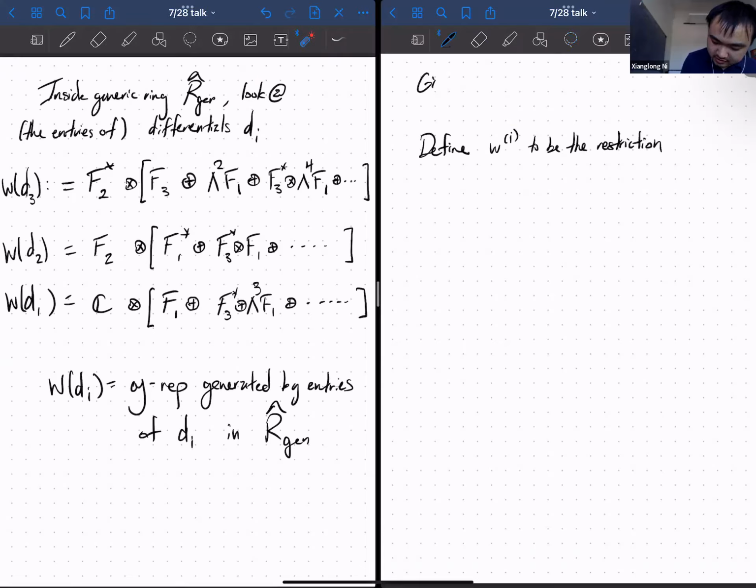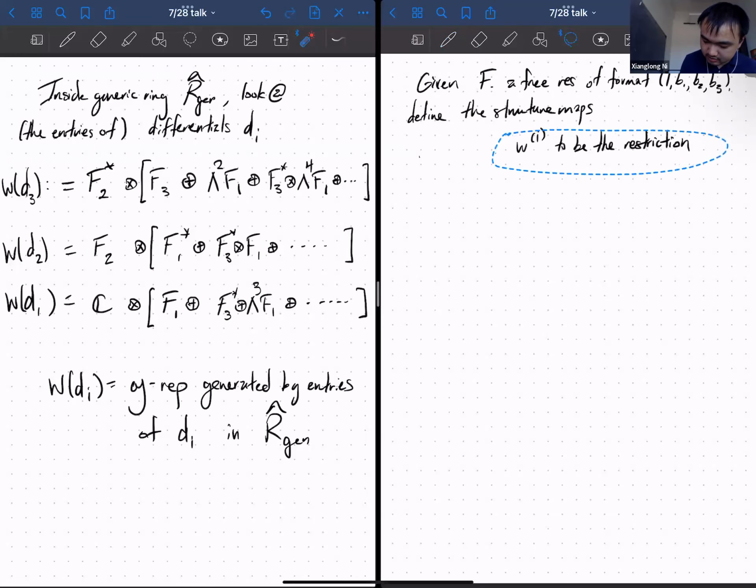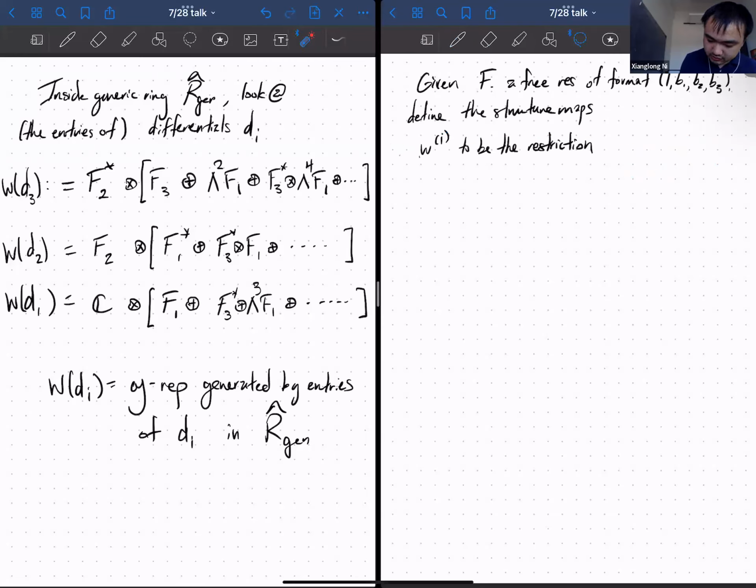Given F a free resolution of format 1, B1, B2, B3, define the higher structure maps to be the restriction to WDi inside of the generic ring.